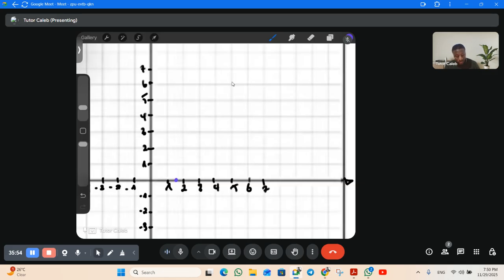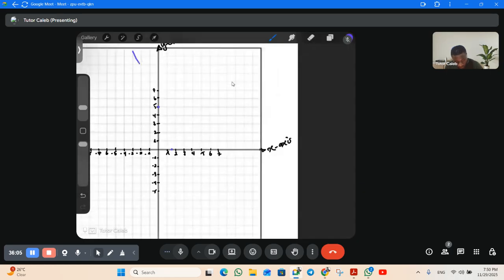Then we just have to draw a line that links the two points. I'll try to make the line as accurate as possible.